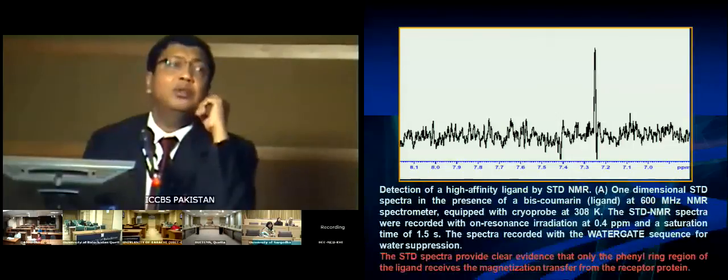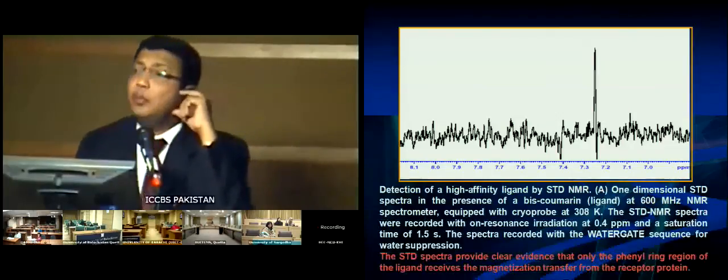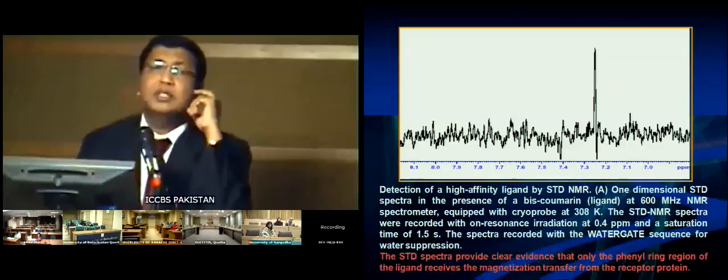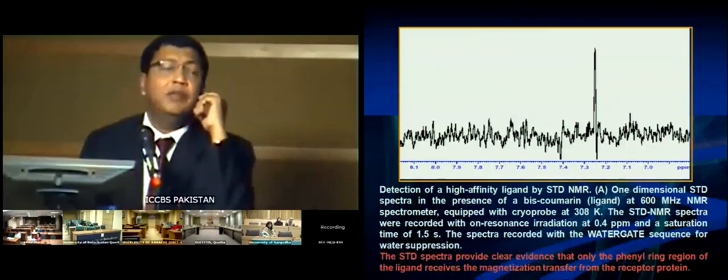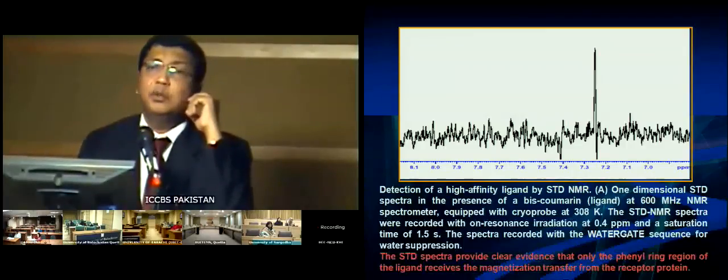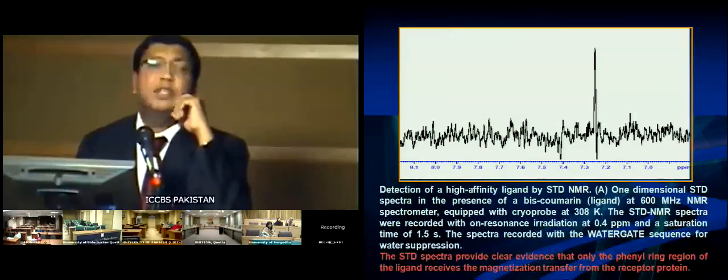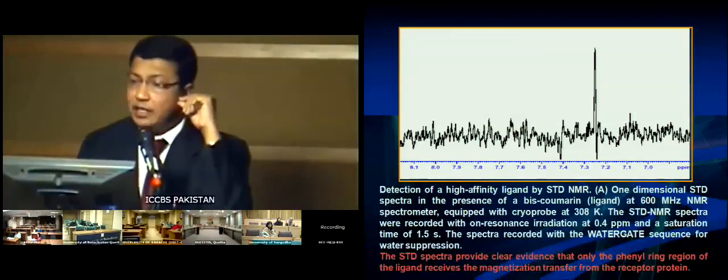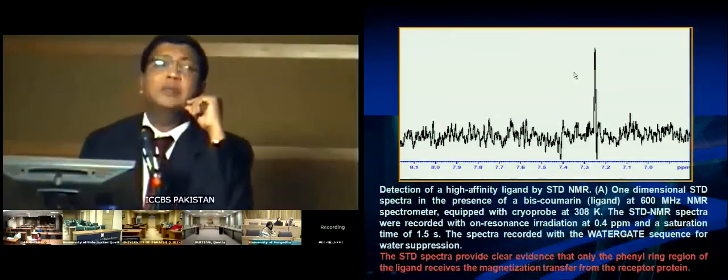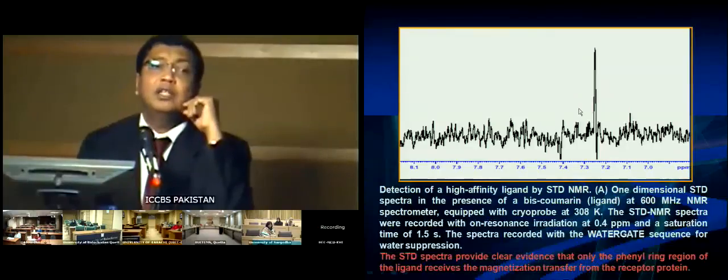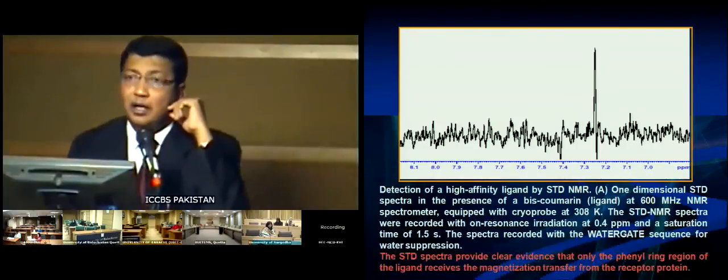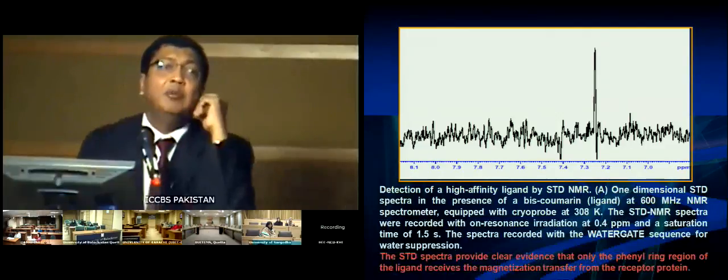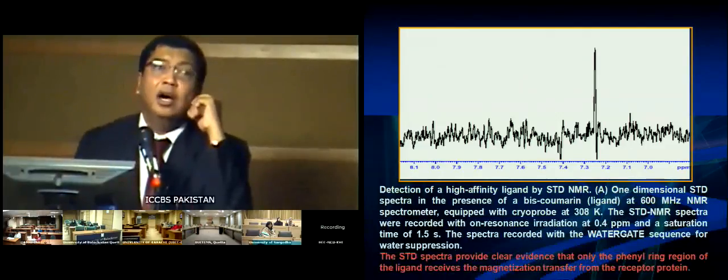And you can also use this technique for epitope mapping by using saturation transfer difference spectroscopy. I also told you that this process is quantitative in nature, and the intensity of the peak will tell you which particular molecule is interacting strongly, with high binding affinity, as compared to the other.